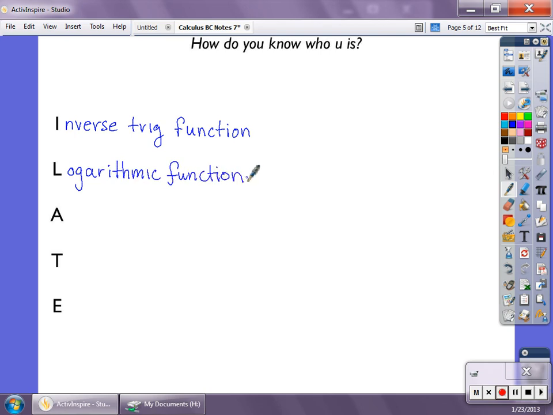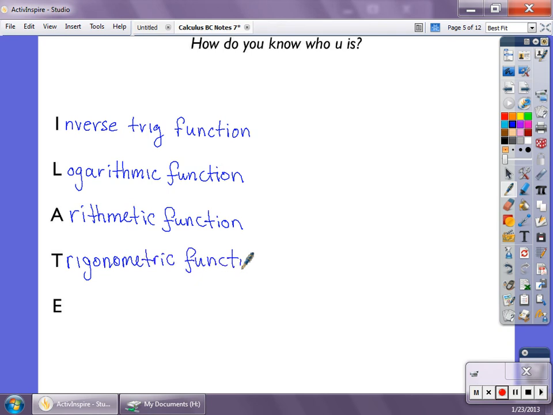If there is no logarithmic function, then u is an algebraic function. If there is no algebraic function, u is a trigonometric function. And lastly, in this order, you would let u be an exponential function.